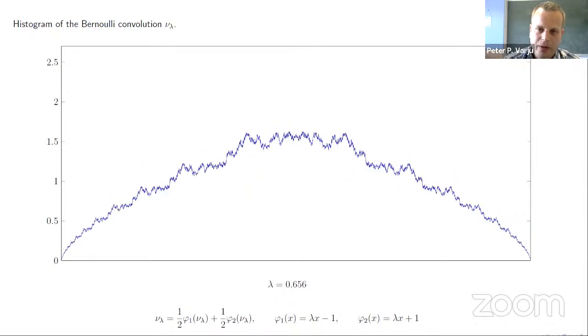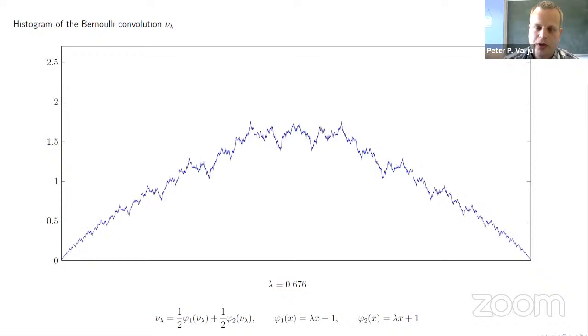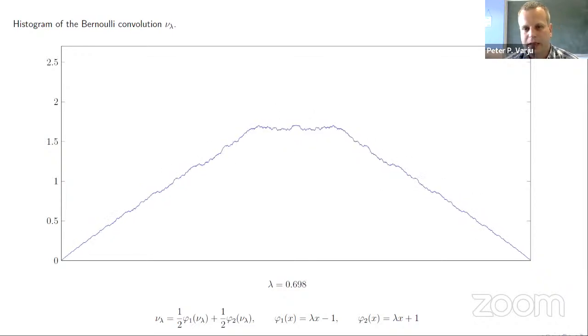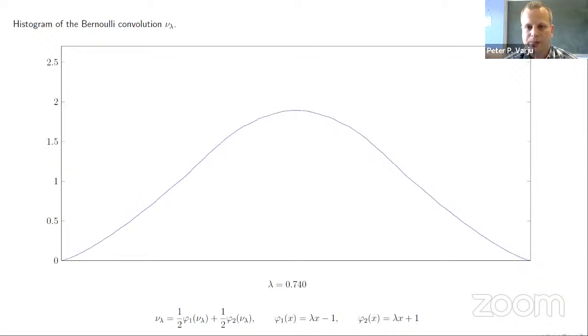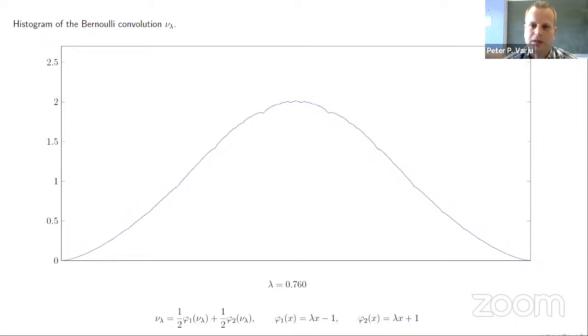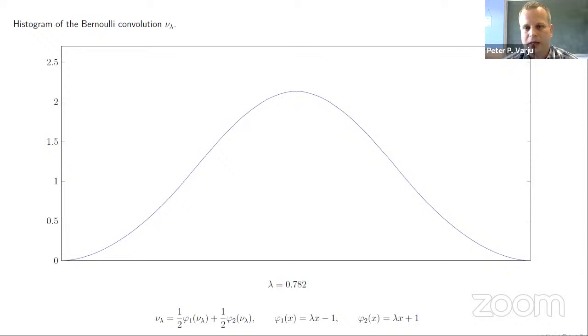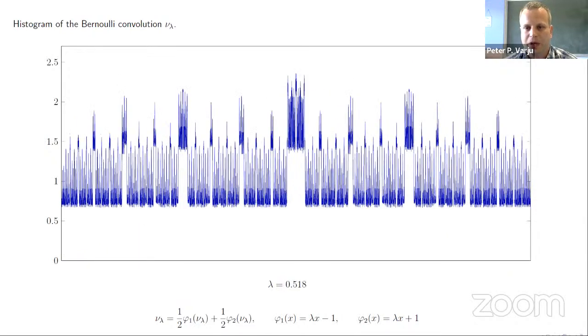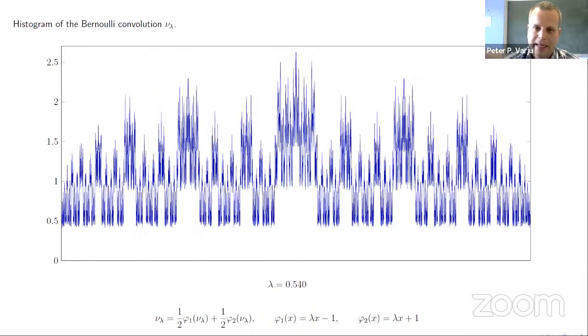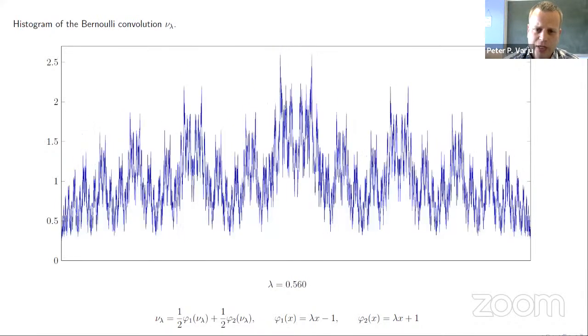But if you pay a little bit closer attention, you can see that this smoothing is not monotone. There will be some values of lambda where suddenly this graph becomes a bit more oscillatory.